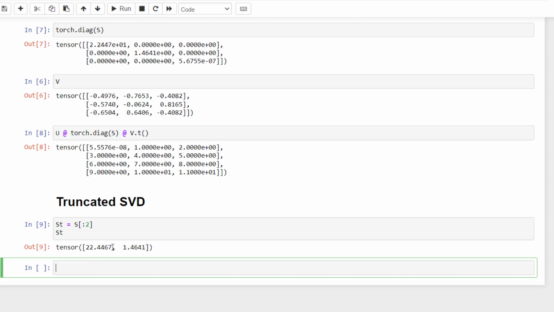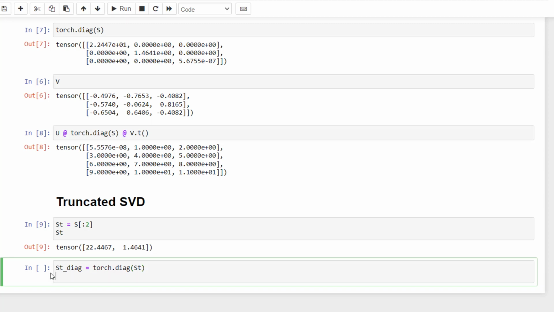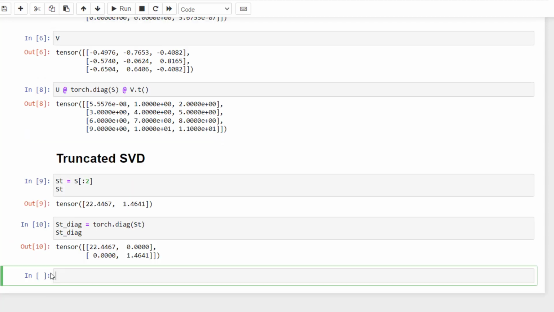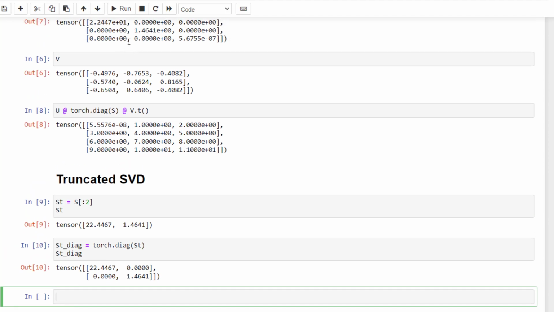But how can we make it diagonal? If I just say S_t_diagonal is torch.diag of S_t and I print it, I can see that it is actually a 2 by 2 matrix, but I want it to be a 3 by 3 matrix. So what should I do?